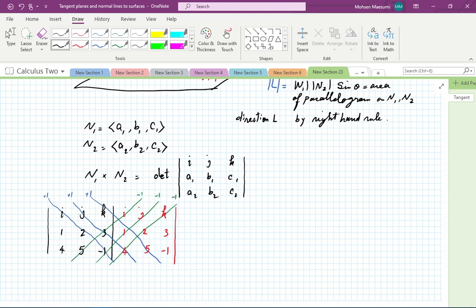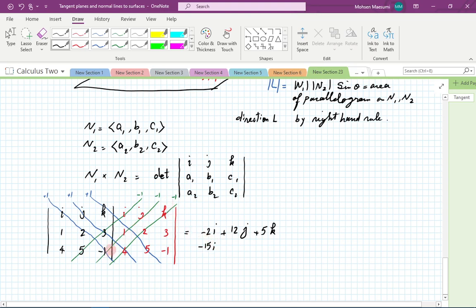Let's go ahead and do the minimum we need here. So I'm going to multiply i, 2, and -1, so that's going to be -2i. j, 3 and 4, that's going to be 12j. k, 1 and 5, that's going to be 5k. And then these green lines we have to also multiply by minus, so it becomes -i, 3, 5, so that's going to be -15i.